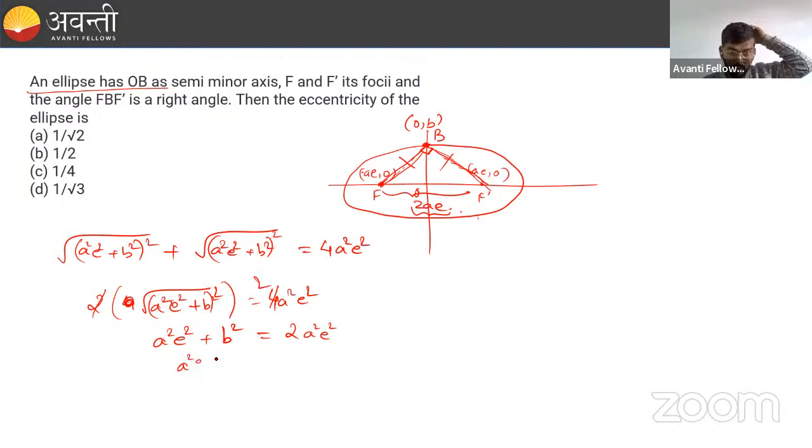So here we get A square E square equals to B square.